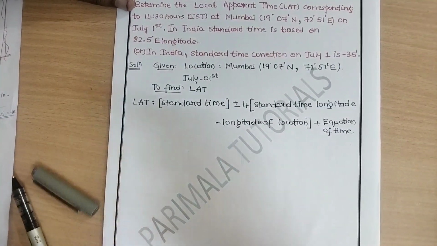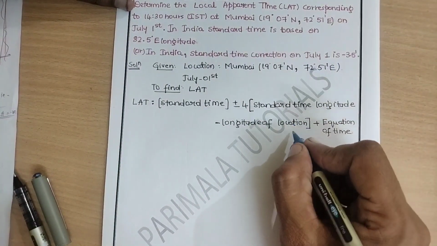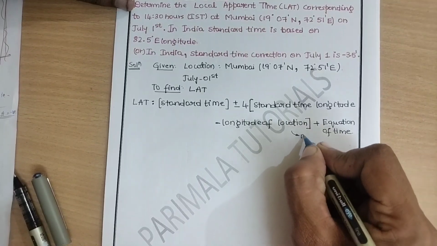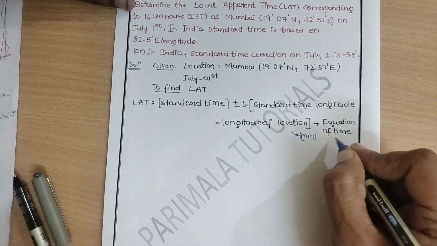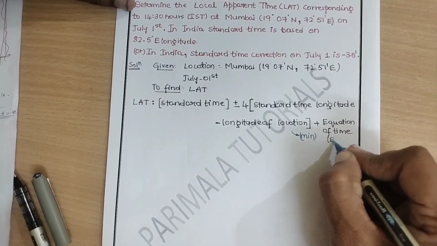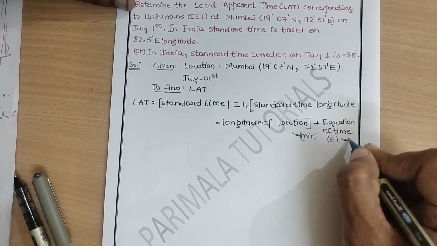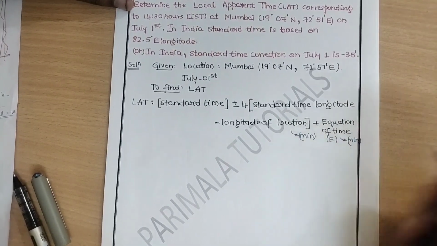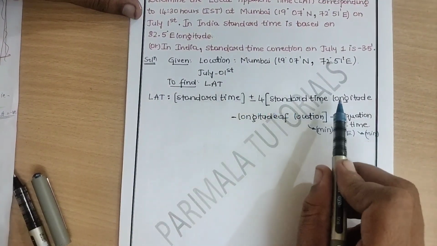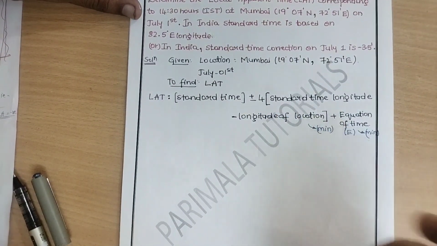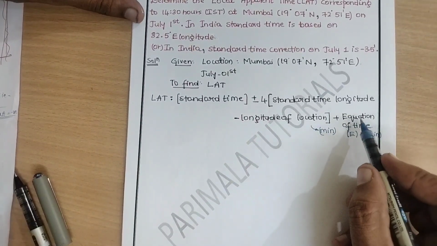The very important thing here is that this part of the equation will be in terms of minutes. Not to forget, the equation of time is represented as E. This also will be in terms of minutes. Now let us see what the standard time is, what the standard time longitude is, and what the equation of time E is, one by one.